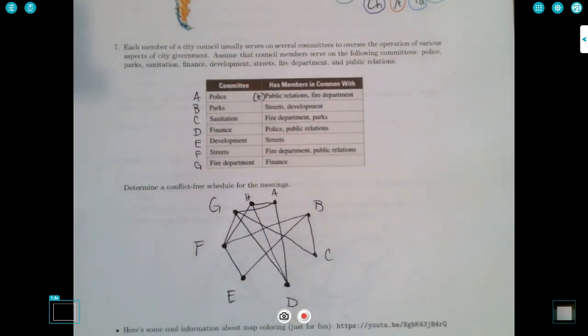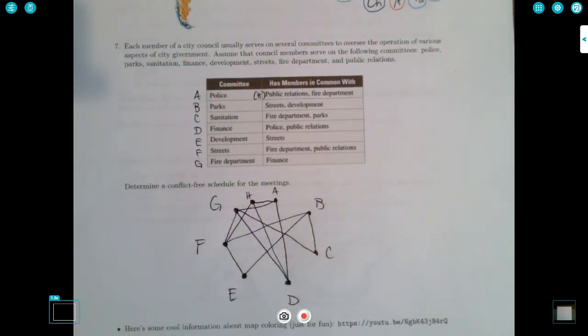Okay, so there's our graph. So we're supposed to use this graph to determine a conflict-free schedule for the meetings.